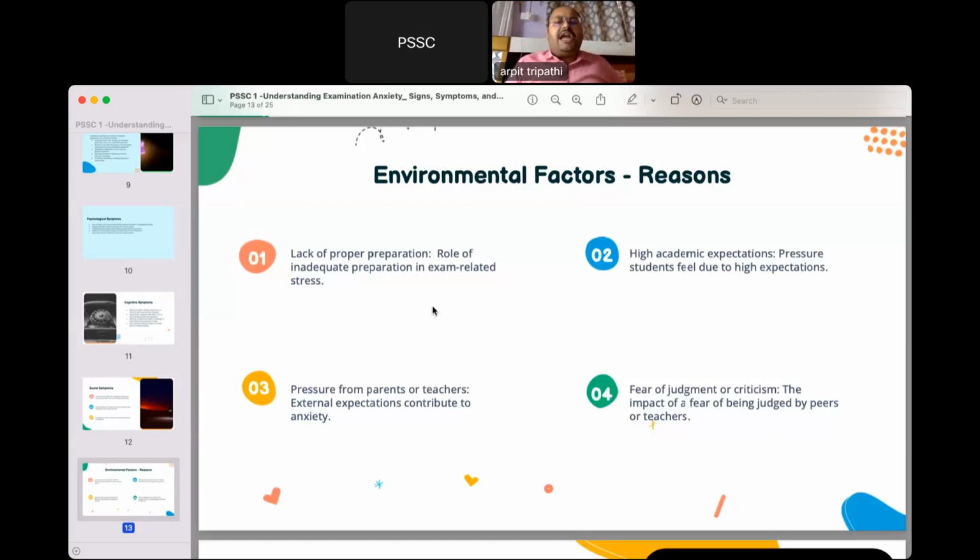Any child who goes during exam time to the Masi's house, Nani's house, to a marriage, or meets any person, maybe holy people coming, meeting, talking, they all talk about this. How are things? How are you preparing for your exams? How is your exam practice going on? What is your planning? What is going to be in the future?